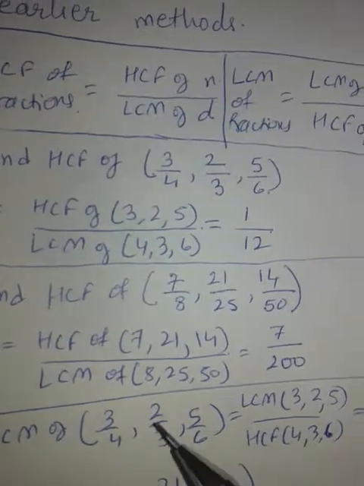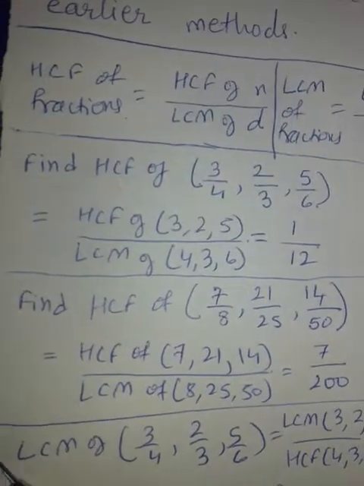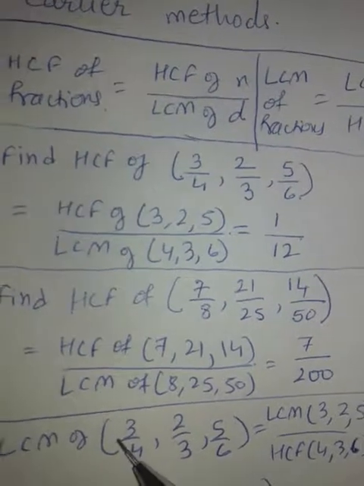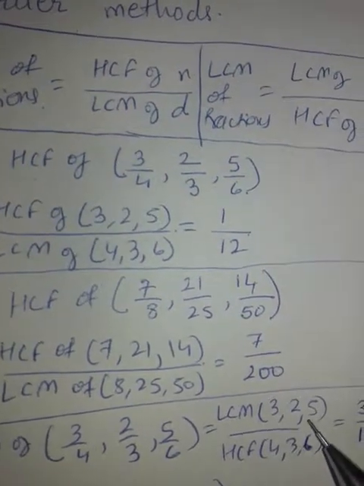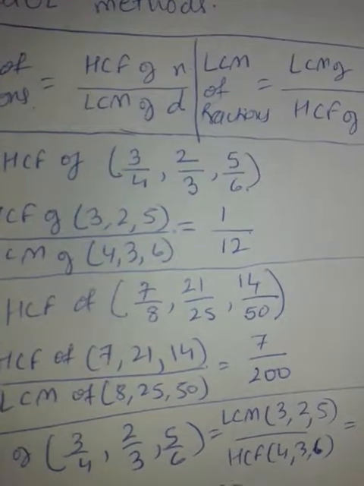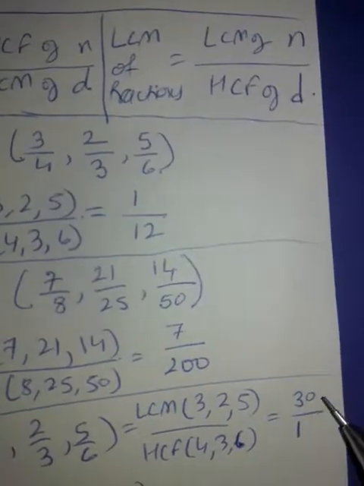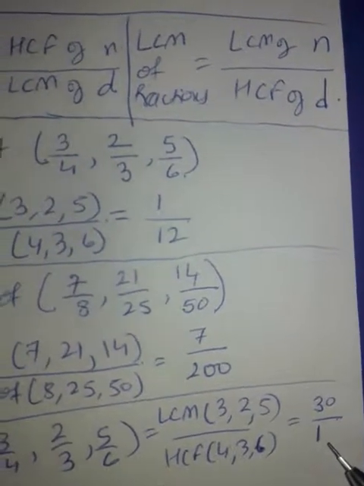LCM of 3 upon 4, 2 upon 3, 5 upon 6. Now I have to find the LCM, which means the LCM of numerators 3, 2 and 5, and the denominator will be the HCF of denominators 4, 3 and 6, which comes out to 30 upon 1.